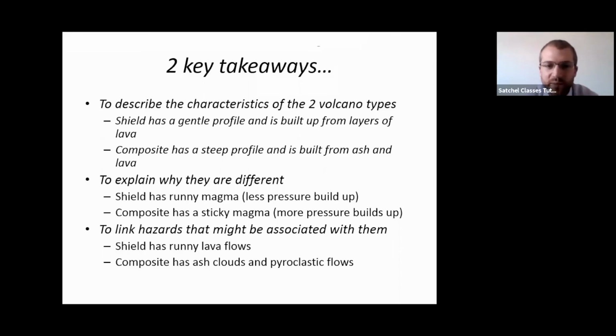Composite has sticky magma, so more pressure builds up, creating those ash clouds and so on. And then the final bit to link hazards that might be associated with them. So shield has runny lava flows, and composite has ash clouds and what we call pyroclastic flows, ash that comes through on a grey eruption.